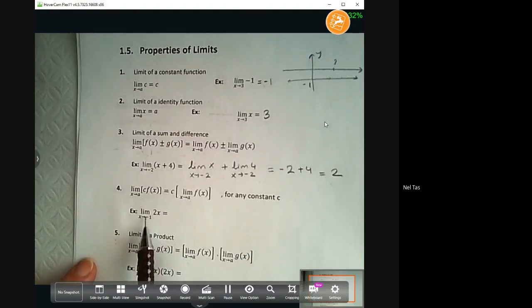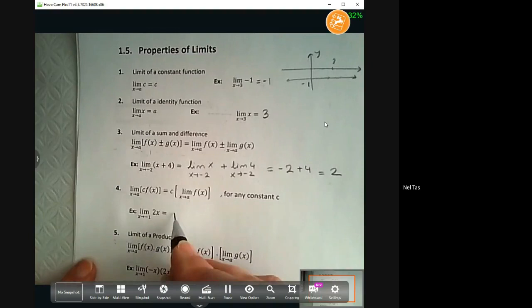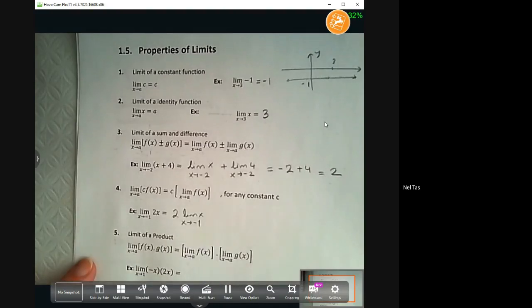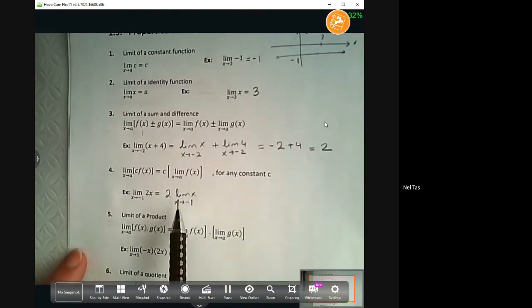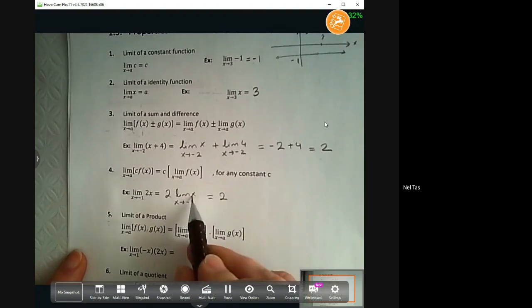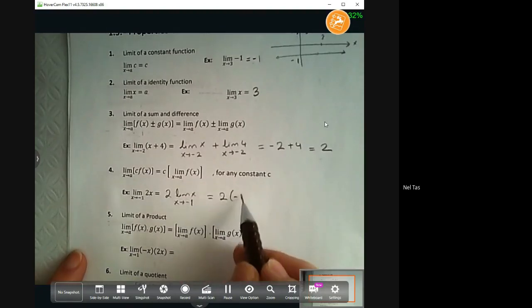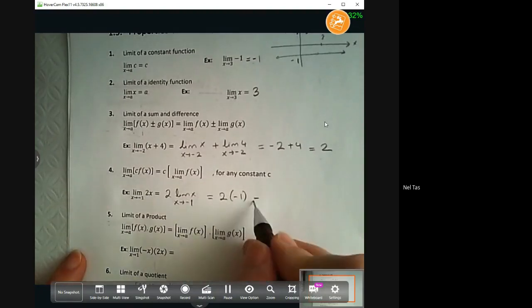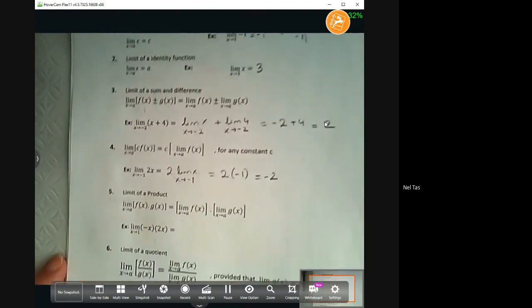So if you have limit of 2x as x approaches -1, we can write this as 2 times limit of x as x approaches -1. So you know how to calculate this again from number 2, right? So 2 times, you just sub -1, so you get -2 as an answer.